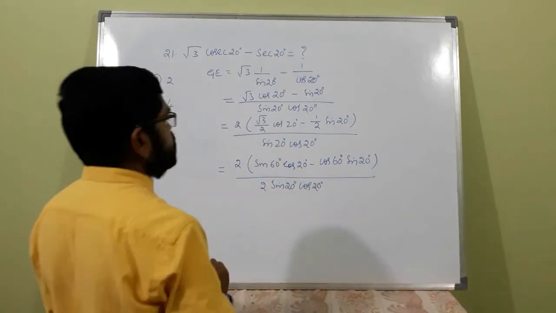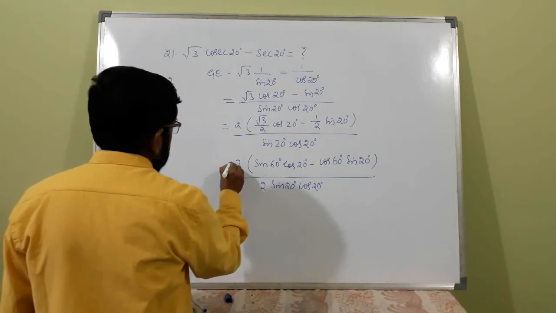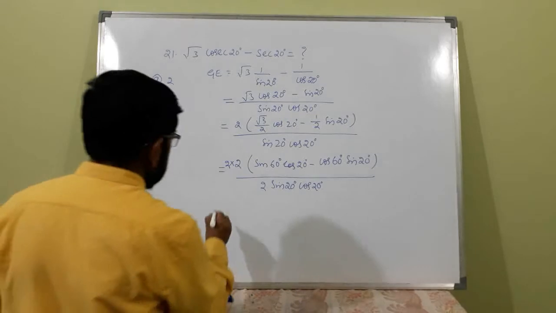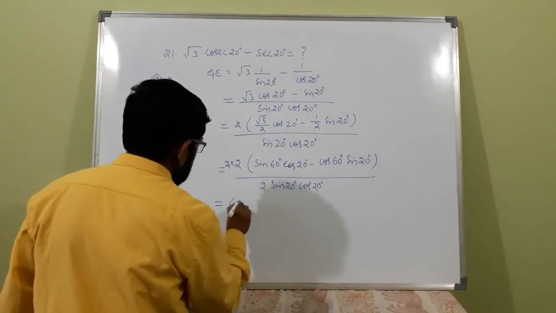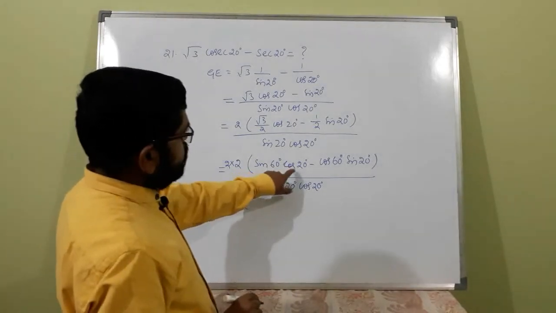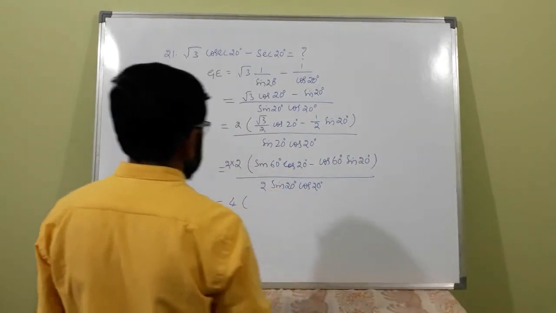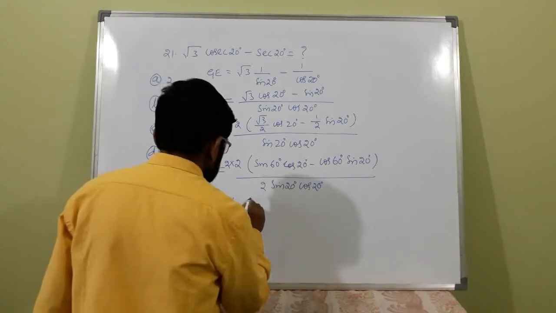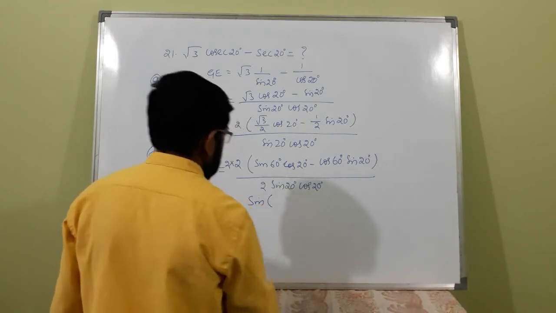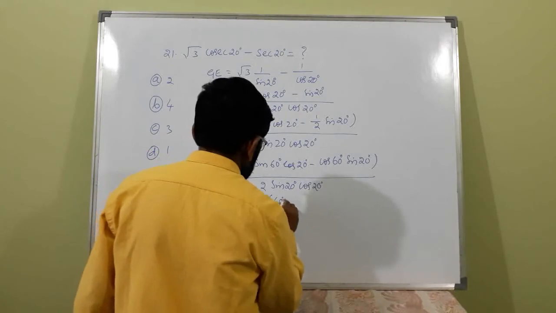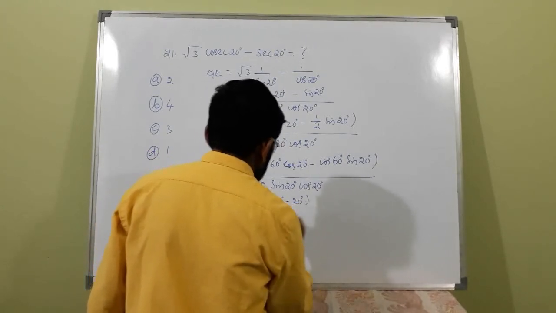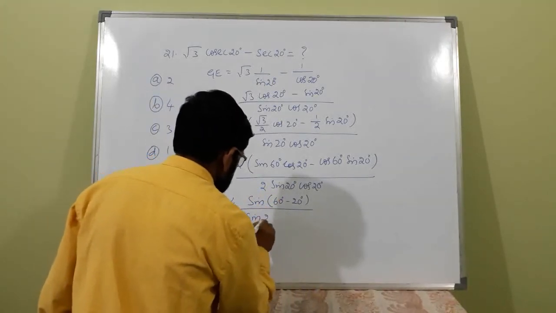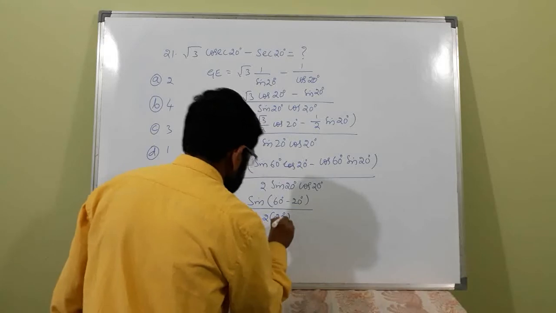I will multiply the denominator by 2 to make that sin 2 theta. So the numerator is also multiplied: 4 into sin A cos B minus cos A sin B, which is sin(A minus B), that is sin(60 minus 20), divided by sin(2 times 20 degrees), sin 2 theta.